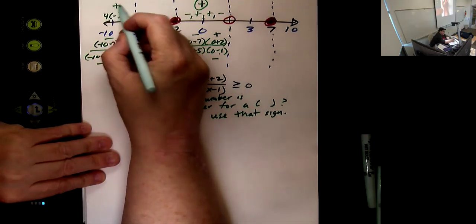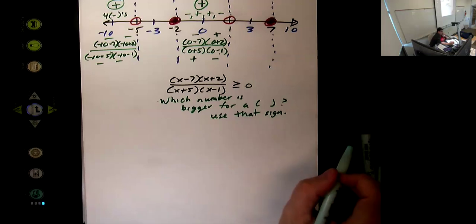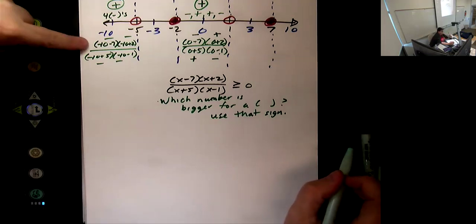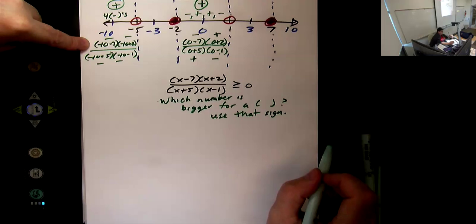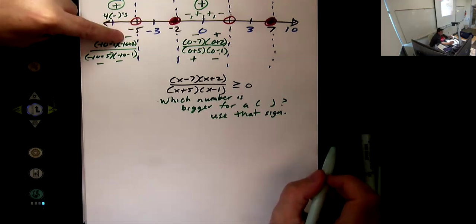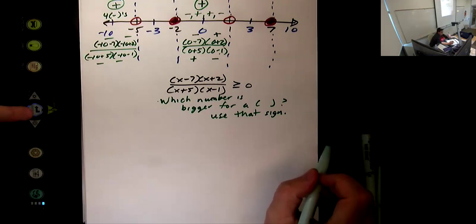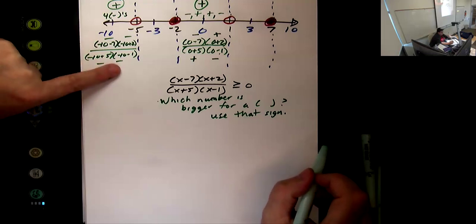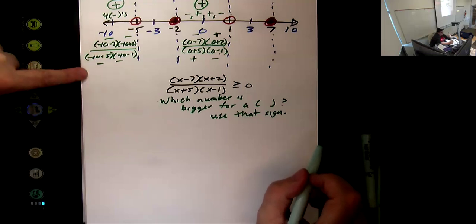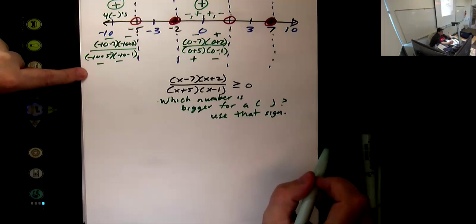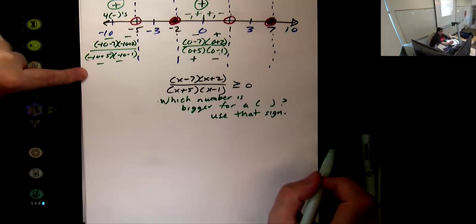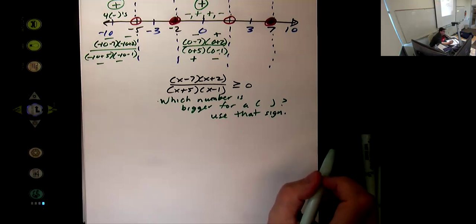This region is positive. It doesn't matter that negative 10 minus 7 is negative 17. I don't need to multiply it by negative 8 that we get from negative 10 plus 2. I don't need to divide it by negative 11. And I don't need to divide it by negative 5. What I get for that number is positive. It doesn't matter if it's 1,000 or 0.5. As long as it's greater than 0, that's all we care about.